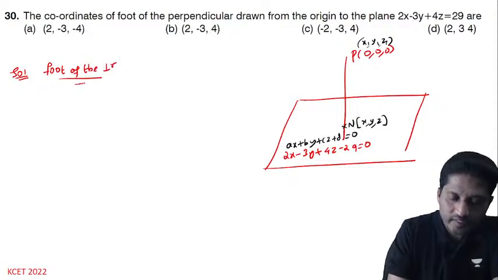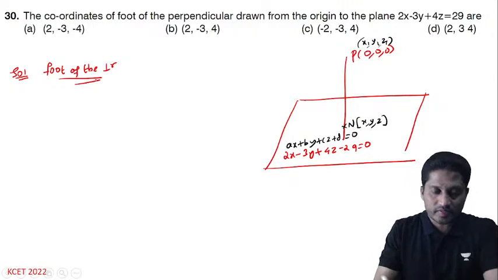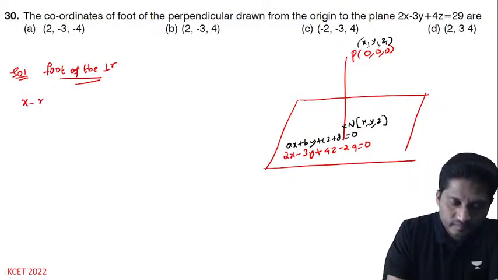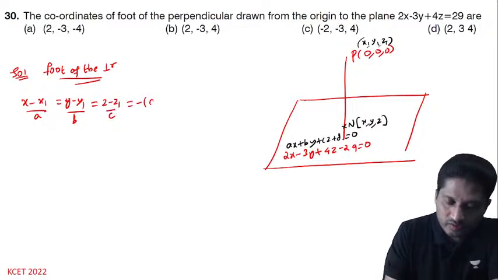Foot of the perpendicular will be x minus x1 by a is equal to y minus y1 by b is equal to z minus z1 by c is equal to minus of ax1 plus by1 plus cz1 plus d divided by a square plus b square plus c square.